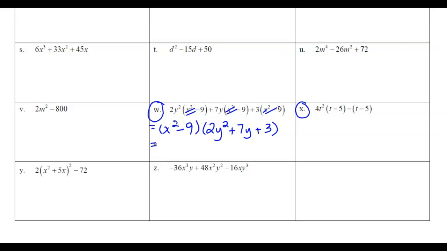Now, can you factor again? So x squared minus 9, that's a difference of perfect squares. So you can factor that to do two sets of brackets. And then the second trinomial is also factorable into two sets of brackets. So I'll give you a minute to work on that.